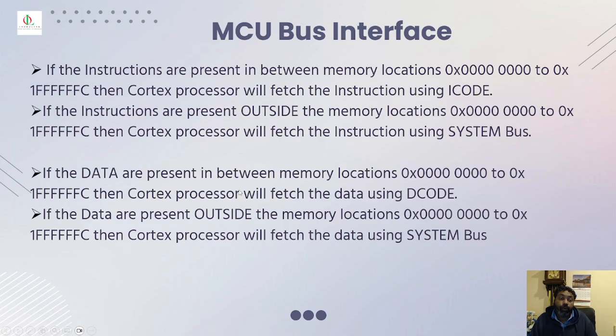Similarly, if your data are present in the memory locations 0000 0000 to 1FFF FFFC, the processor will fetch the data using the D code, the data bus. But if it is outside this memory range, then you need to use the system bus to fetch the data. So that's the bus interface.